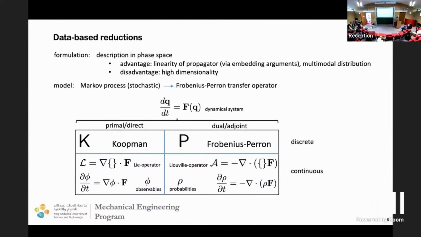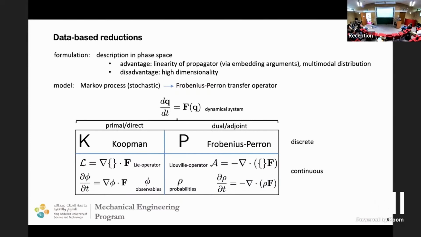On the primal side, you get the Koopman operator, which is the discrete version of this continuous process, an evolution under the flow of the dynamical system of some observables. It's an evolution equation of observables, and that operator is called the Lie operator. The Lie operator is the continuous equivalent of the Koopman operator.